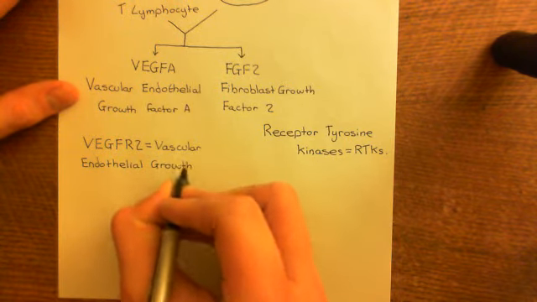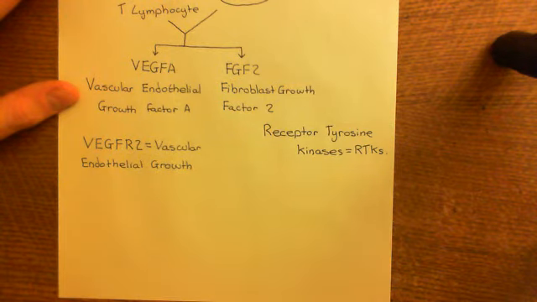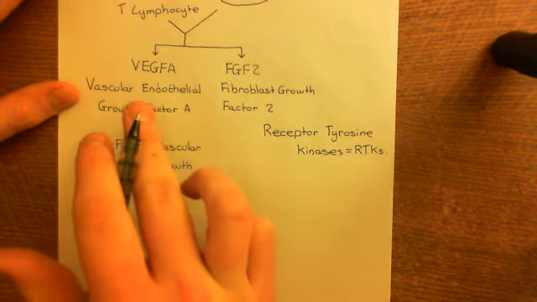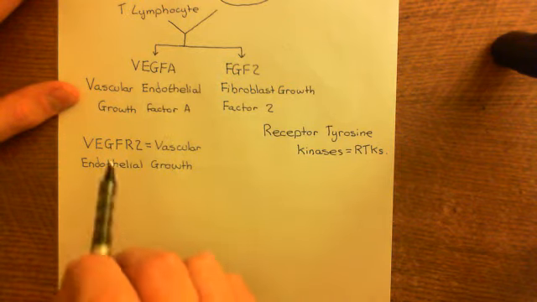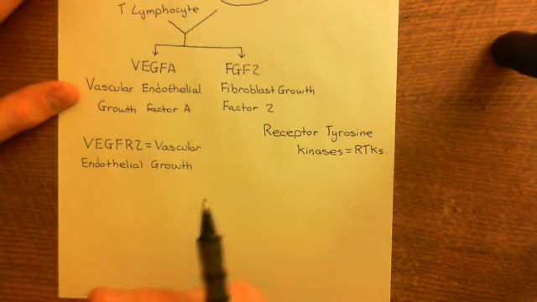Now, the other two types of vascular endothelial growth factor receptor are pretty much trivial. The first type doesn't really do much, and the third type doesn't really do much as far as downstream signaling pathways are concerned. In fact, the first type is thought to just be like a dummy receptor, so it binds to the vascular endothelial growth factor but doesn't do anything with it, and is therefore stopping it from interacting with a receptor that actually does anything.